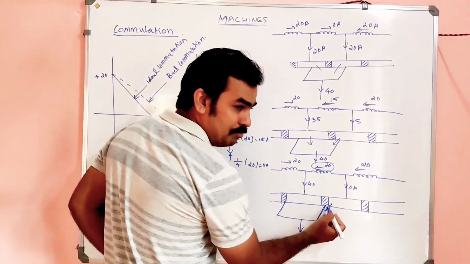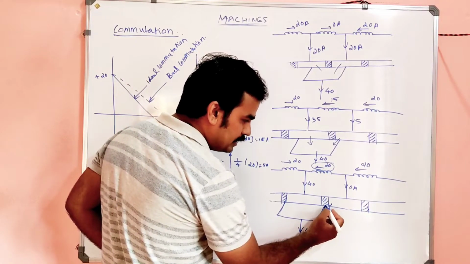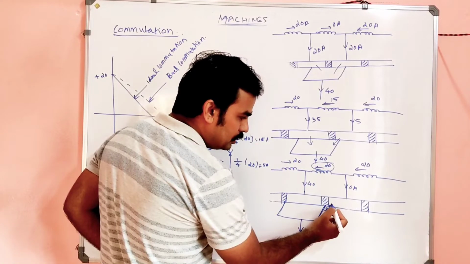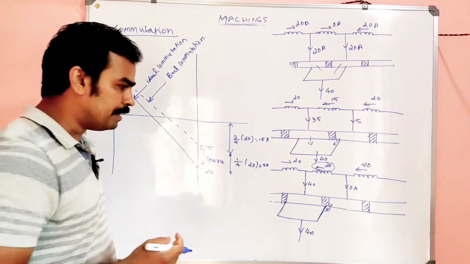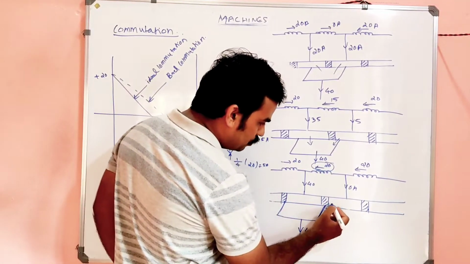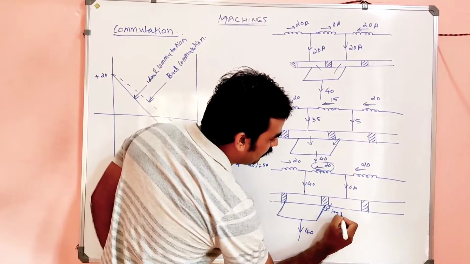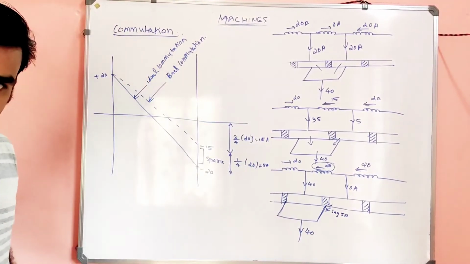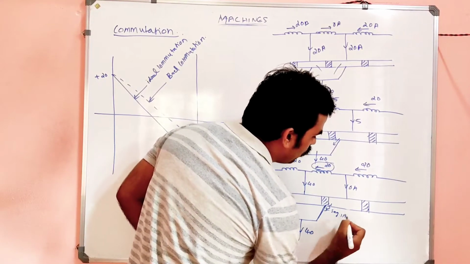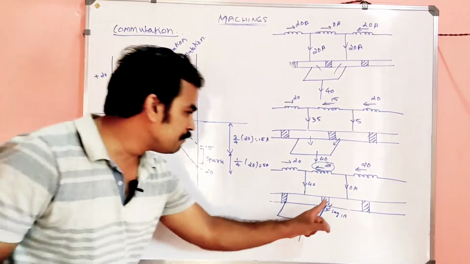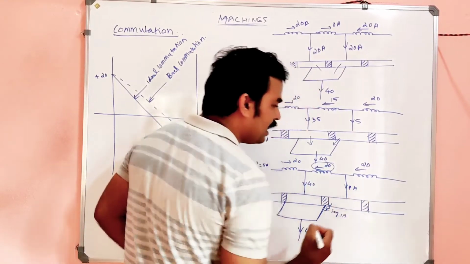Even if this is a perfect insulator, actually we suppose there is no current through this portion, but due to the imperfection in insulation there is always some current, say 5 ampere, or suppose 1 ampere. If here it is 1 ampere, this is not 0, my dears, it will be 1 ampere.